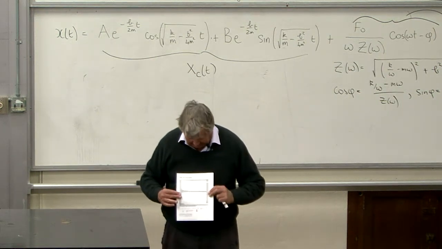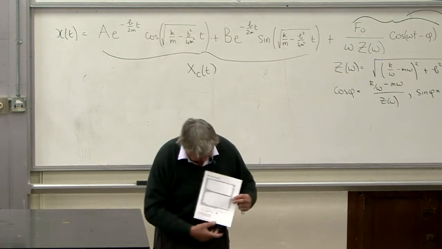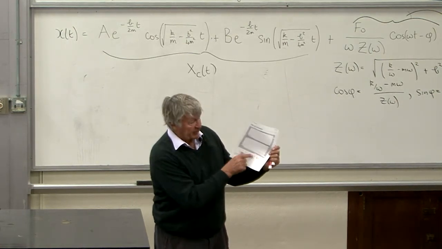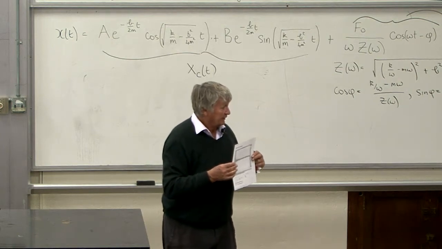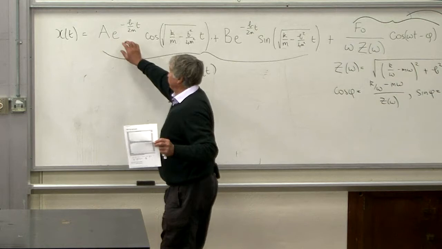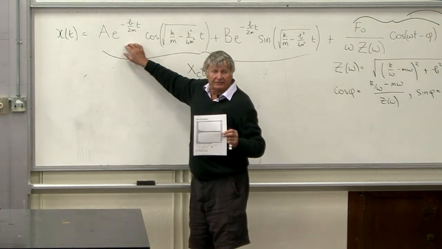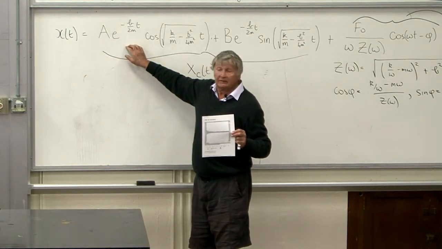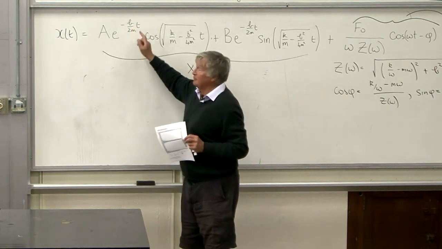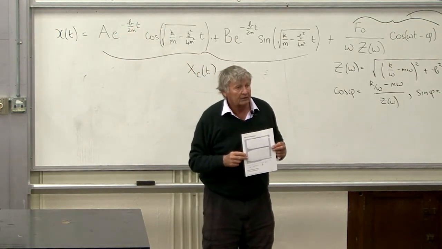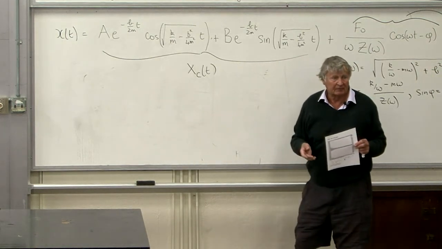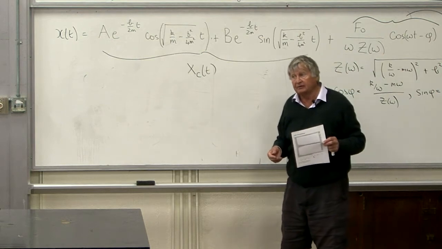But eventually, in this case, after how many units? I think I took t equals 40, so after about 20 units here, this part has died away. In other words, b over 2m times t is about 4, and e to the minus 4 is quite small, like 1 over 80 or something.